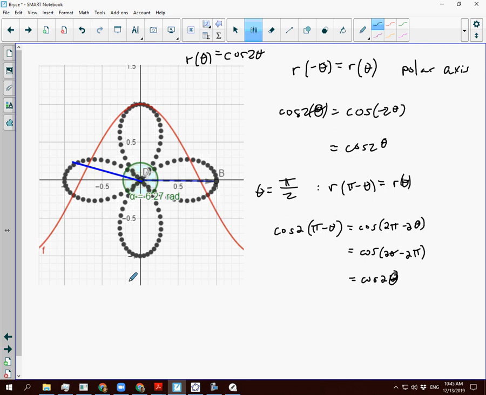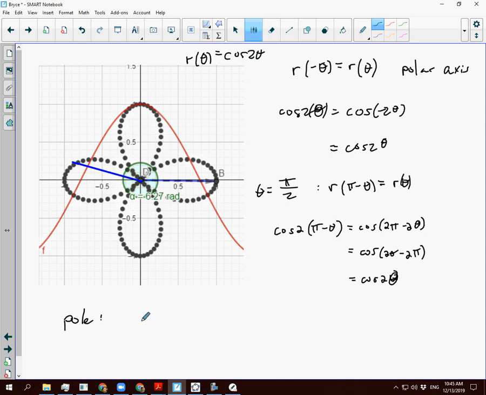And finally, we have symmetry with respect to the pole. Well, one test for the pole is if you replace r with negative r, you get the same function. That tells us that r squared functions are always going to have symmetry with respect to the pole. But if we replace r with negative r in this function, we're not going to get the same thing.